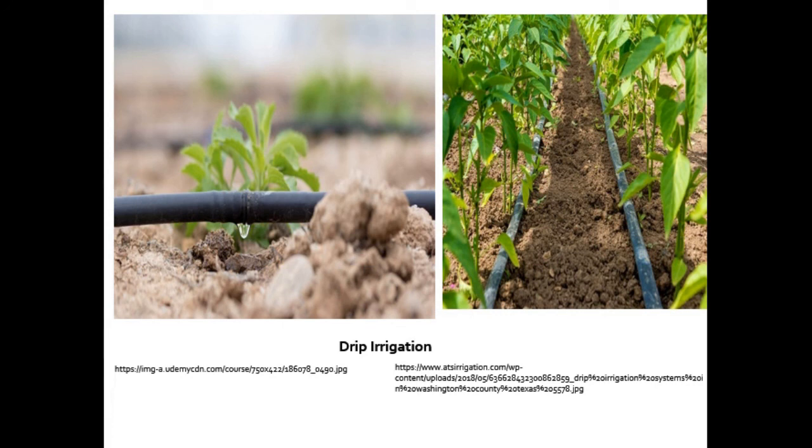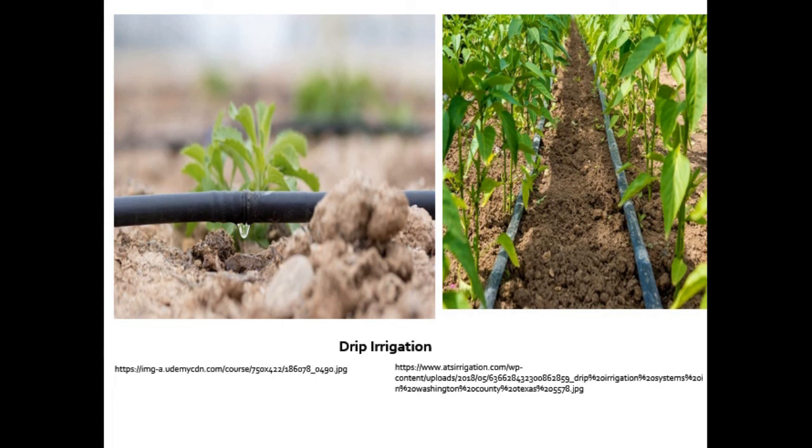In addition to that, fields with irregular shapes are easily accommodated and the moisture within the root zone can be maintained at field capacity. Furthermore, soil erosion is lessened and weed growth is lessened as well. The water distribution is highly uniform, controlled by the output of each nozzle.